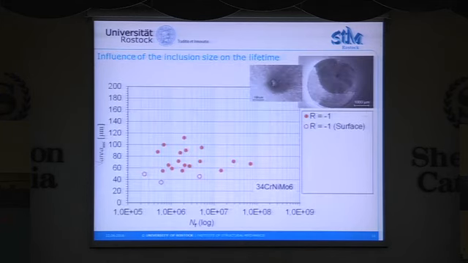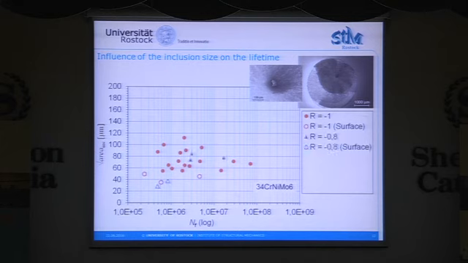Moreover, we investigated the fracture surfaces and measured the inclusion sizes in terms of the square root of area. This is the area projected on the plane perpendicular to the maximum principal stress. What you can see is that we have mainly, as I mentioned before, interior failure starting at inclusions, and only 3 at inclusions or surface defects.